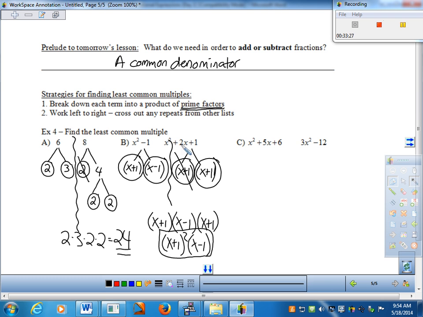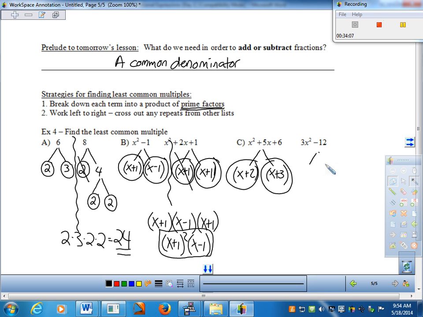Great. Let's try one more. And if it's not clicking just yet, don't sweat it too much, because we'll go ahead and look at this obviously on the next notes worksheet when we actually get into the addition and subtraction. So this one I see factoring is x plus 2, x plus 3. Go ahead and get those in. And again, you don't have to circle them at this stage, but I do.